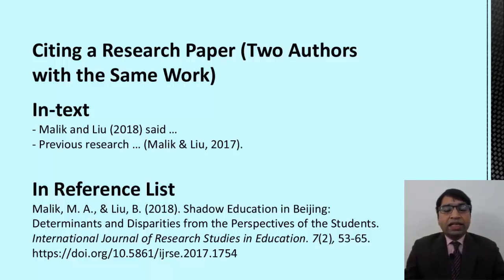When it is in a continuous sentence, we are writing the word "and", but when it is within the small bracket, we are using the "&" sign, right? And remember another thing, there is no comma before this sign, right? Second author's last name, then you put a comma, and then comes the year of publication, and after that you close the bracket and put the full stop.